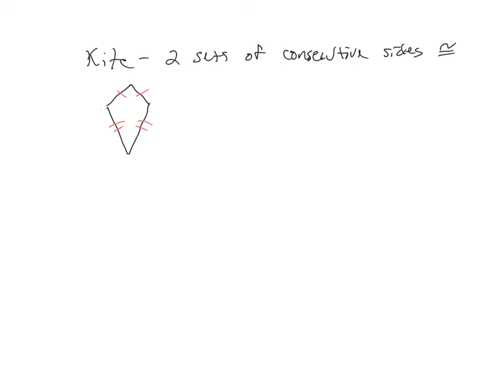Okay. All right, so we know two things about a kite other than the sides being congruent. That's what defines a kite. So we have diagonals are perpendicular. Okay, and then we have one pair of opposite angles congruent.